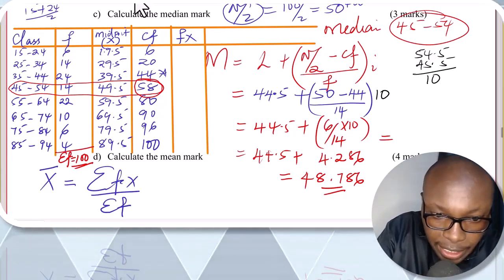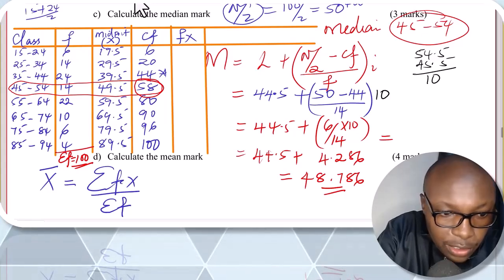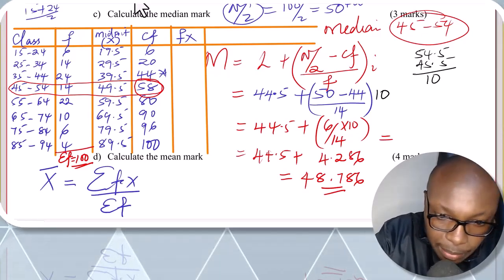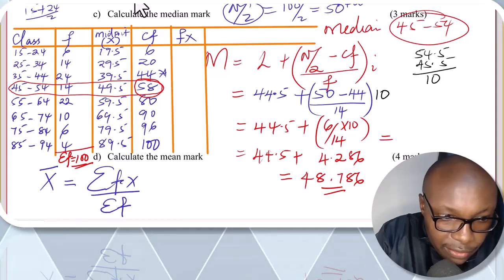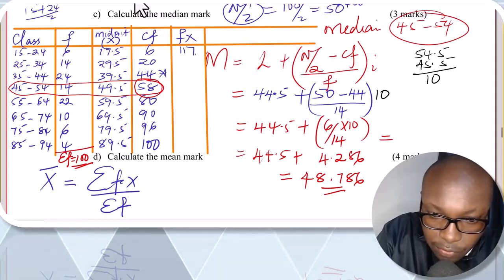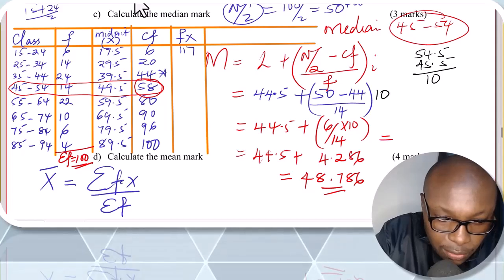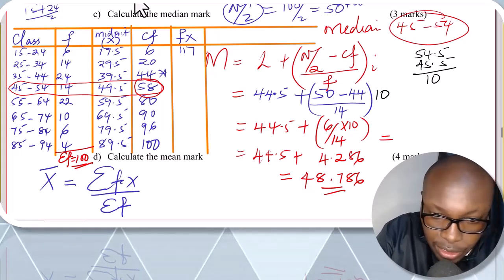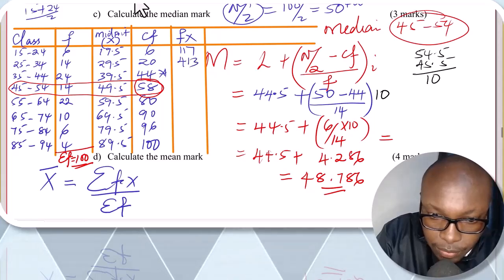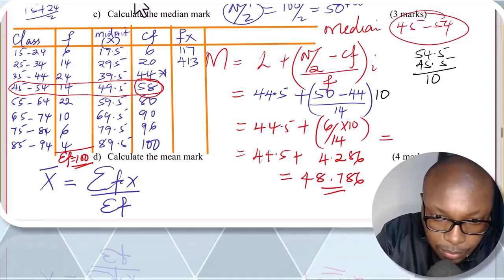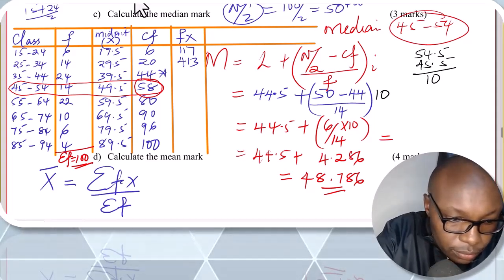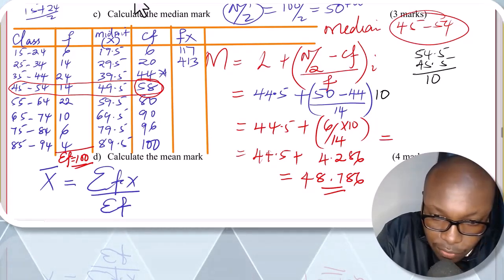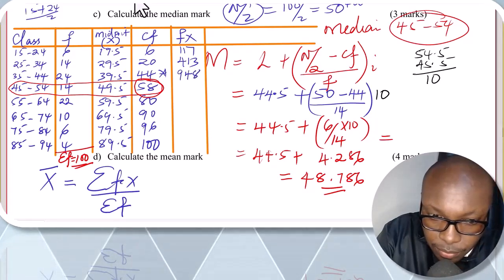f multiplied by x. 6 multiplied by 19.5, that is the first one, will give 117. The other one is 14 multiplied by 29.5, that will give 413. Then 24 multiplied by 39.5 will give 948.